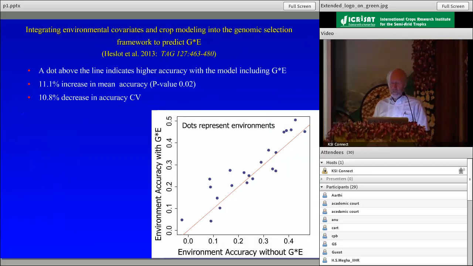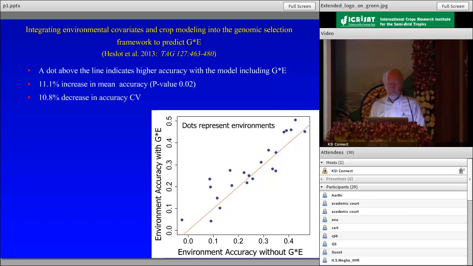This figure shows the relationship between the accuracy when you included the G by E component and the accuracy without the G by E component. So the dots above the line represent improved accuracy when you include the G by E component. Overall, we obtained an 11% increase in the mean accuracy for the prediction and 11% decrease in the coefficient of variability.